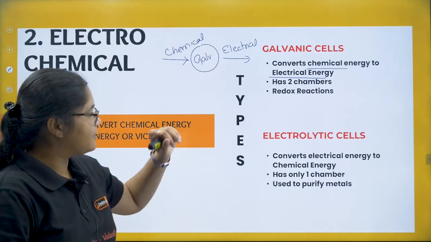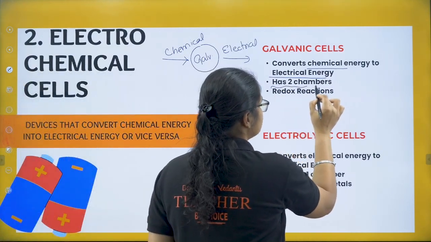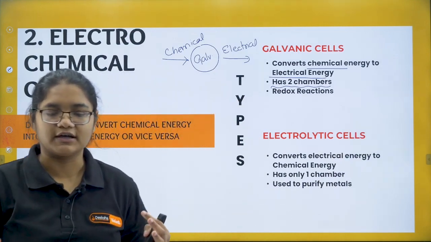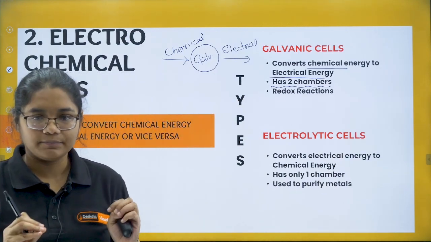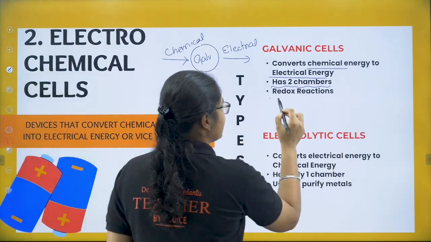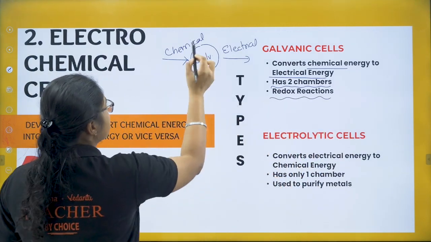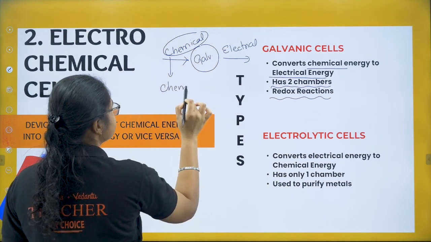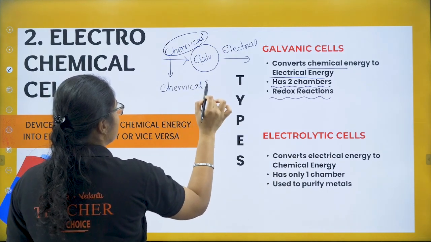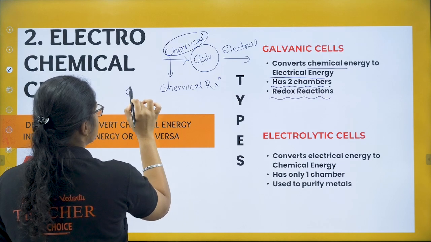Now in this galvanic cell we generally have two chambers. When we talk about the construction, it will be more clear. Next, redox reactions. What is this redox reaction? So chemical energy will come from where? From chemical reactions. What type of chemical reactions?